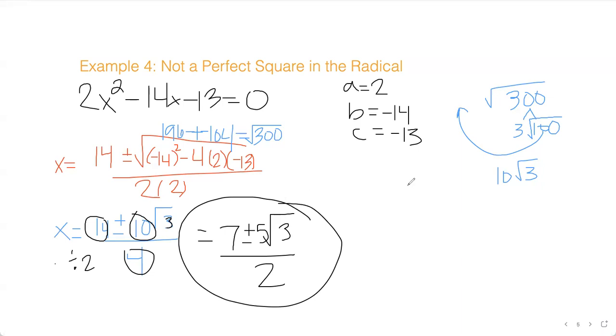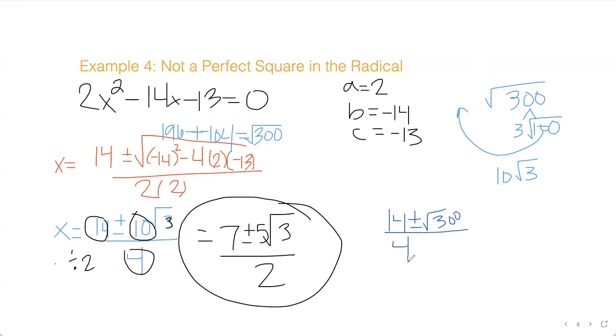Now, I don't want to make things more complicated, but I do want to show you that sometimes they might ask you for the decimal form. To do the decimal form, you could come back up here to this problem and you would have 14 plus or minus the square root of 300 all over 4.